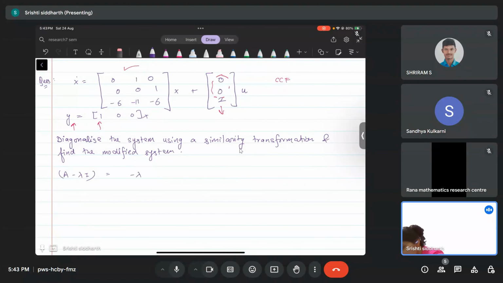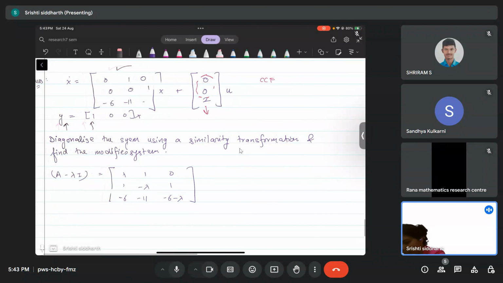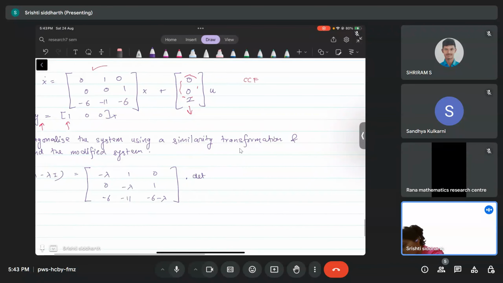So it's minus lambda, minus lambda, minus 6, minus lambda, and then the other elements remain the same. So what's the determinant? Let's see. Okay, so it's going to be 6 lambda plus lambda square plus 11, and then minus 1 hence plus 6.